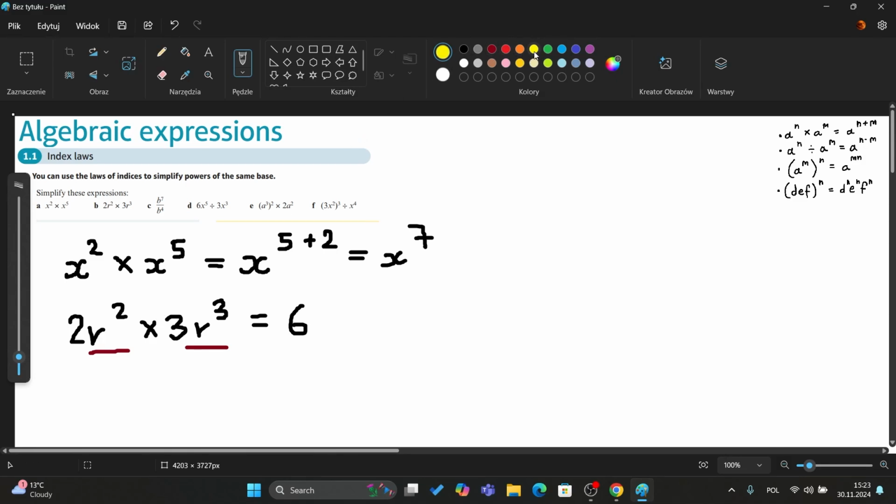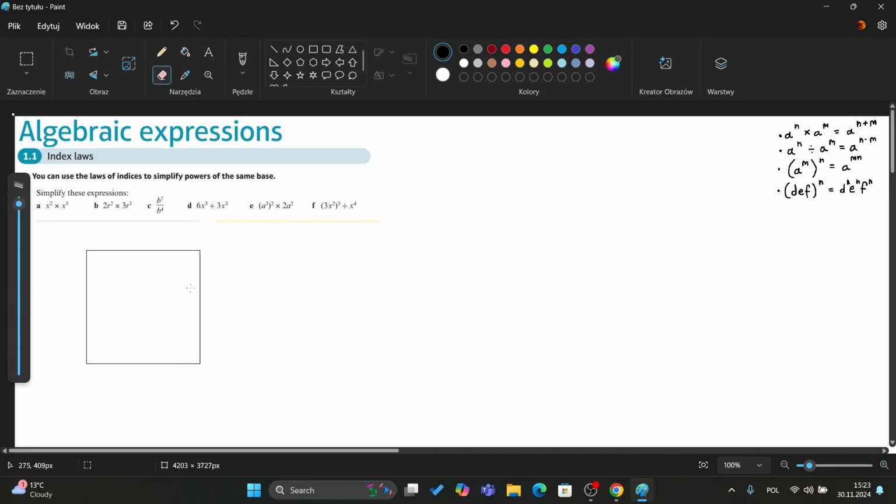So we have kind of 2 parts to the expression. We have the normal numbers, 2 times 3, which is 6, and we have r squared times r cubed, which means we add the powers of r, and we get 6r to the power of 5.